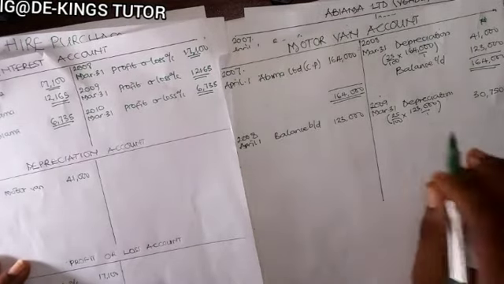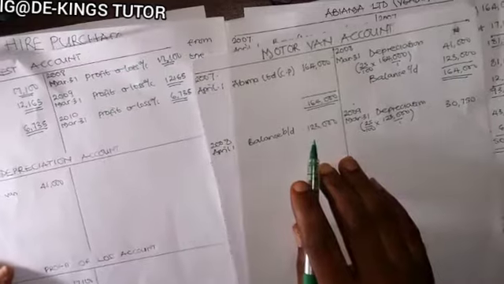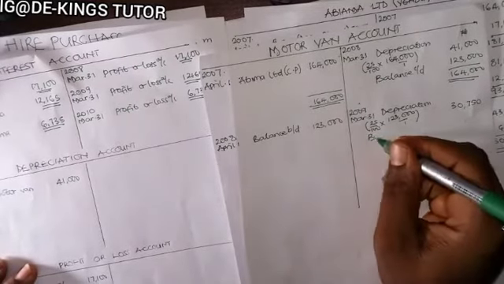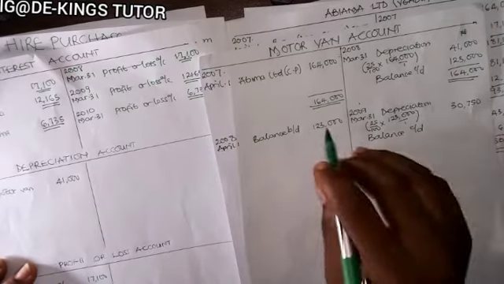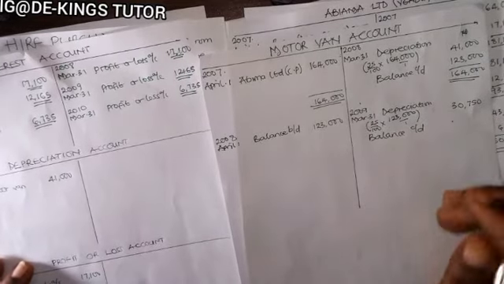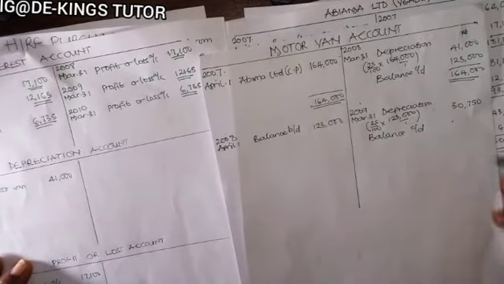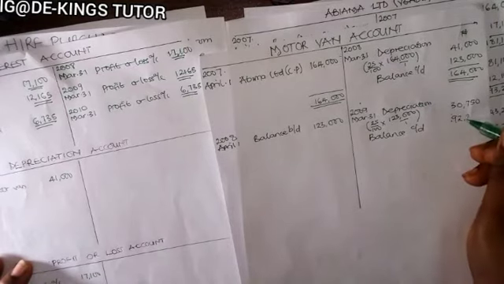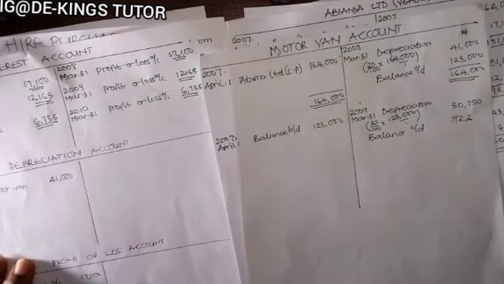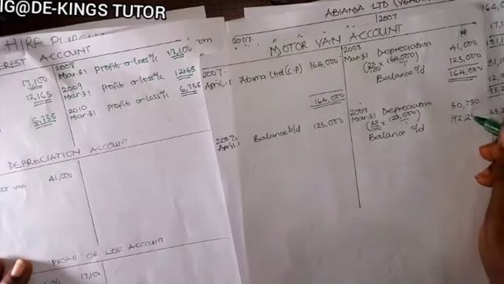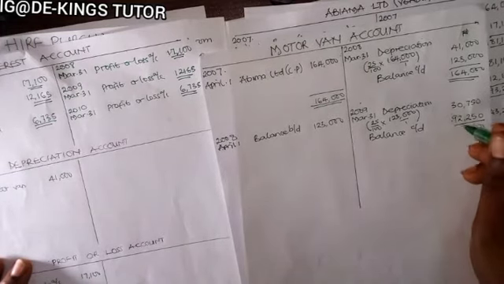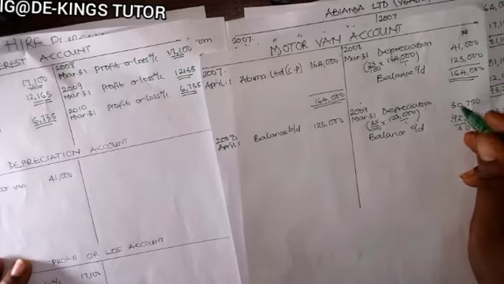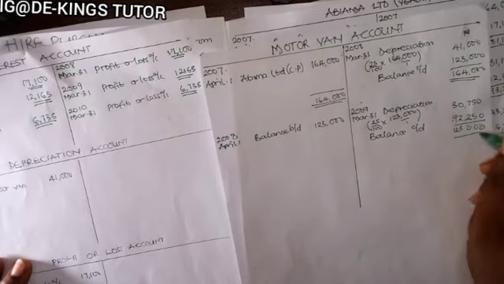Okay. So to balance this up now, we will have a balance carried down. This minus this will give us 92,250. So that when you add them together, you have 123,000.